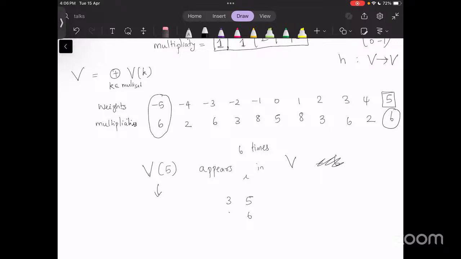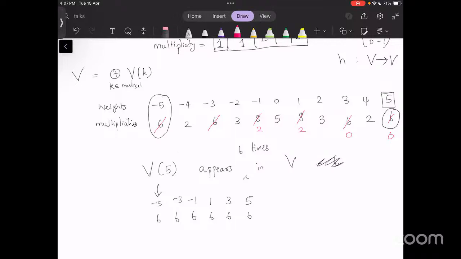So is 3, so is 1, minus 1, minus 3, and minus 5. Here 6 is gone from V5. This 6 is gone. Here 2 remains. Here nothing remains. All right. Now what we have done is we have peeled off V5.